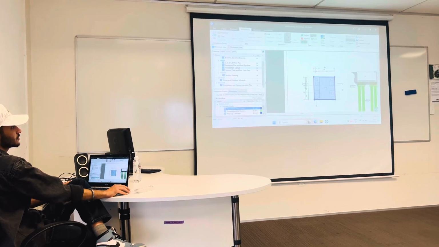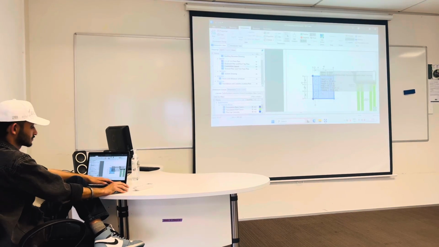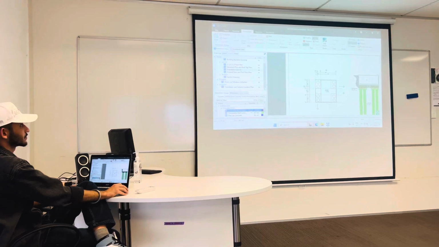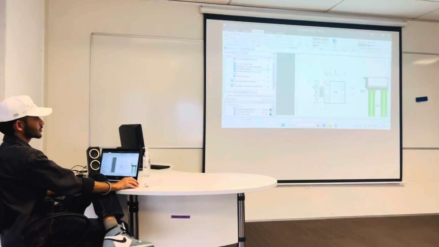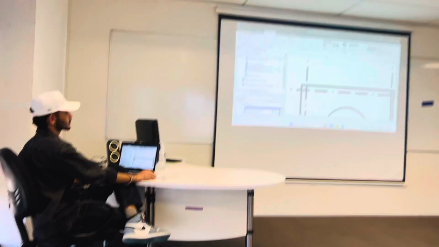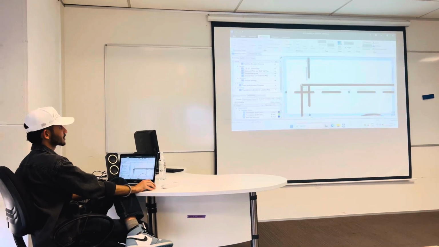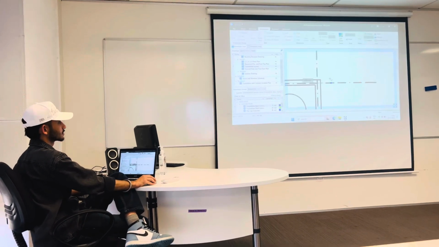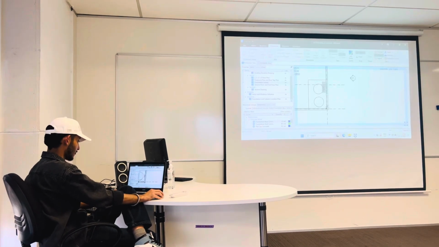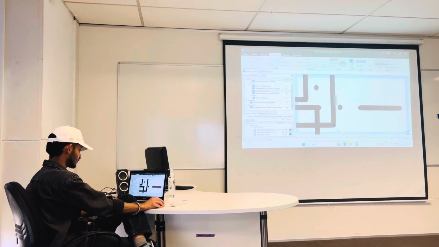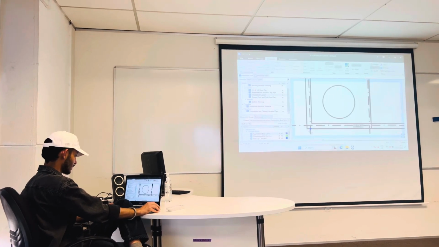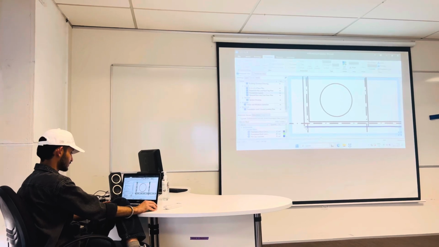So what we will do here, we will calculate the area. So go with positive, select the area you want, put the point from this corner, this, this, to this.